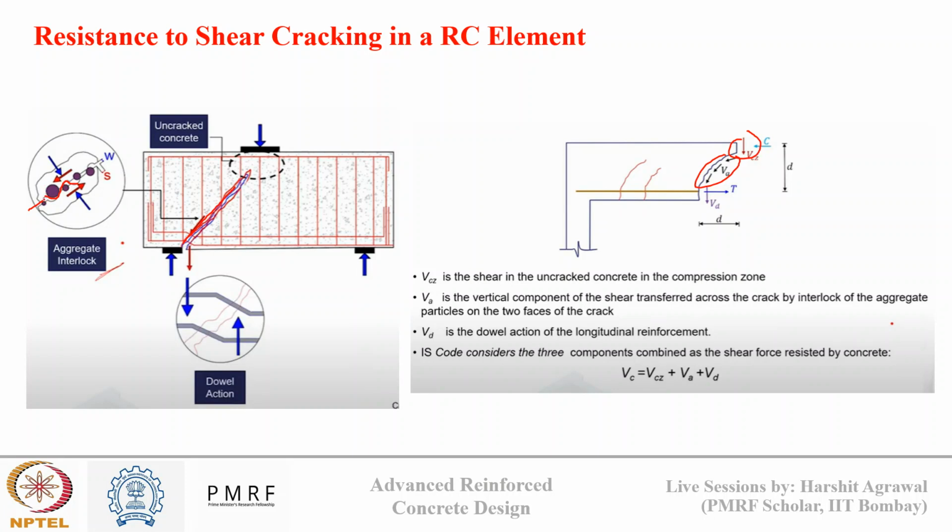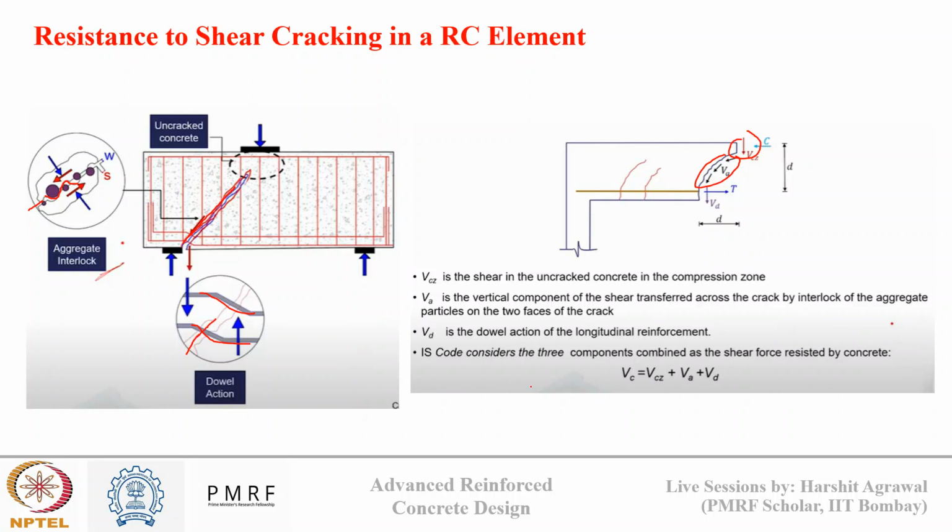Instead, it needs to create a path across the aggregate. In this way aggregate interlocking also contributes in resisting shear. And third is the dowel action of longitudinal rebar, which also resists the propagation of shear crack. This reinforcement will provide some resistance to the shear crack growing across it.